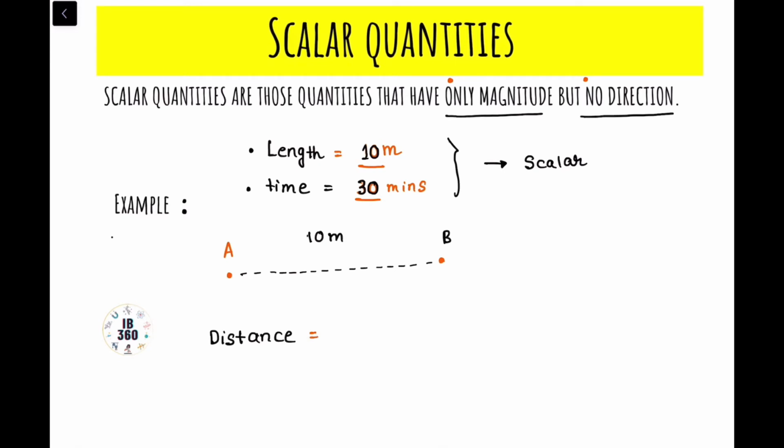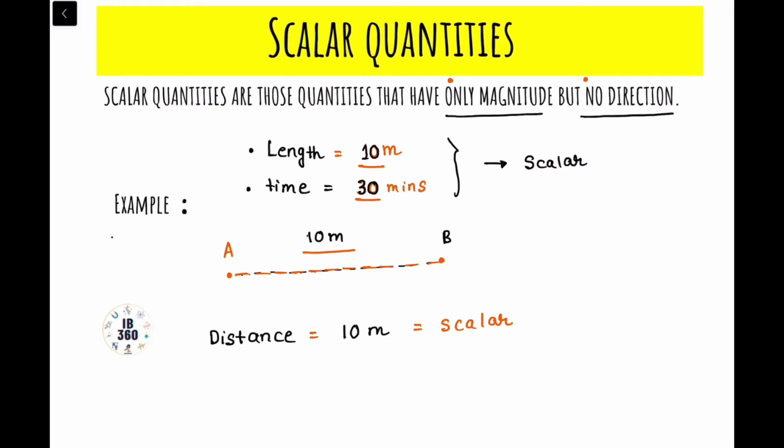This is the path, and the length of the path is 10 meters. So distance is 10 meters. Distance is nothing but length, so distance is a scalar quantity. For distance, we don't need to specify in which direction you are going. We just need to specify the length of the path traveled.